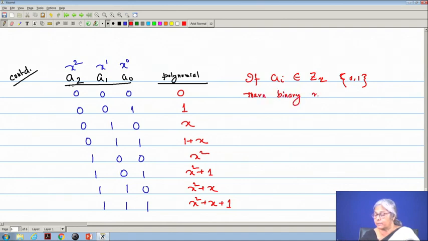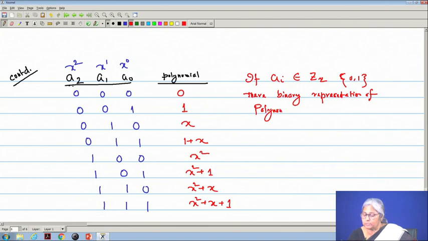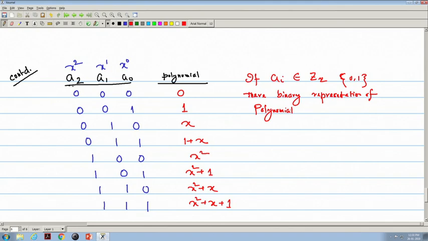That means, if a particular polynomial term is there, then that coefficient, that particular ai value, is 1. If that particular term is not there, then it is 0. Like here we take an example of x square plus 1.